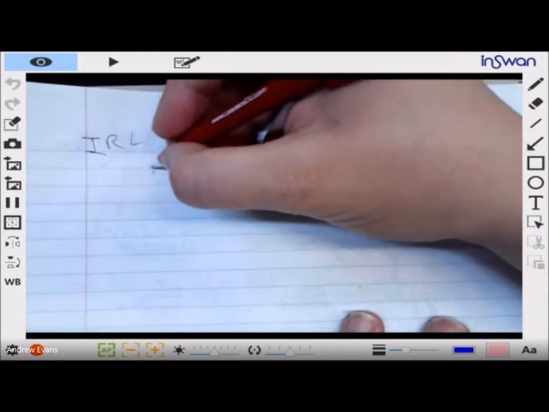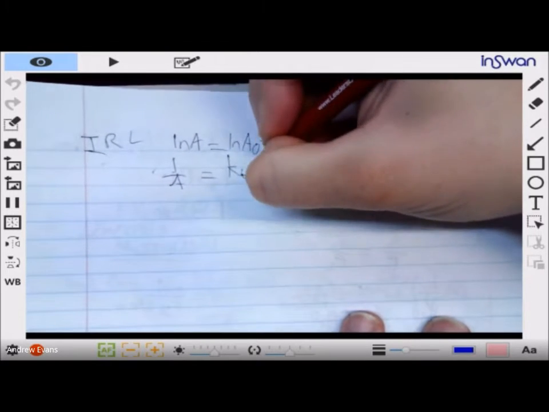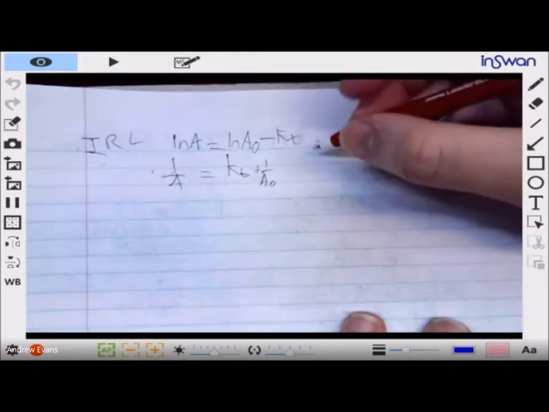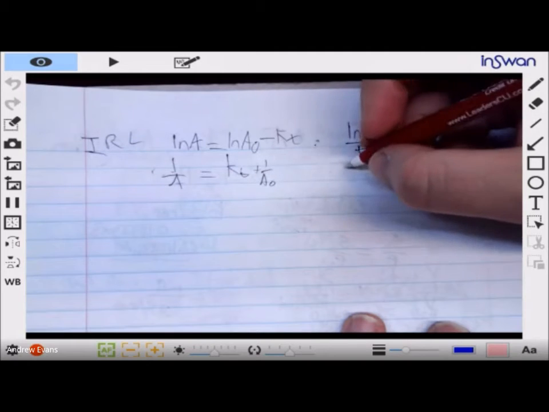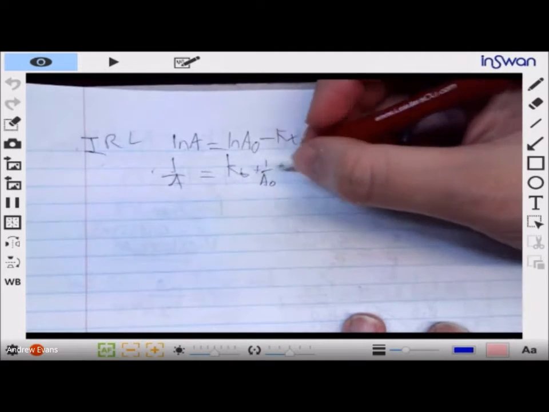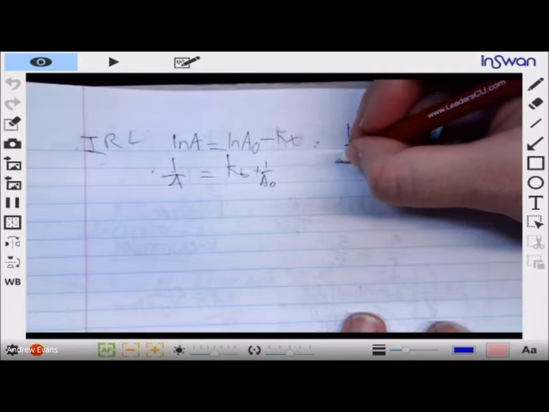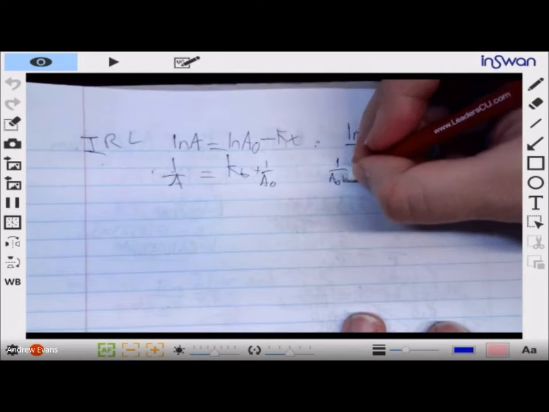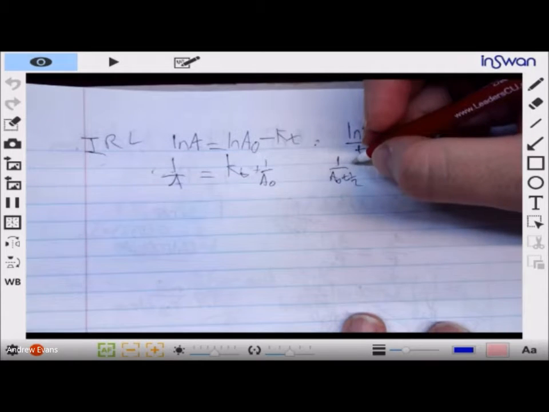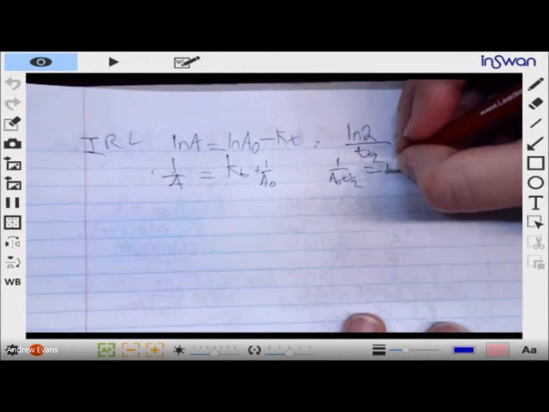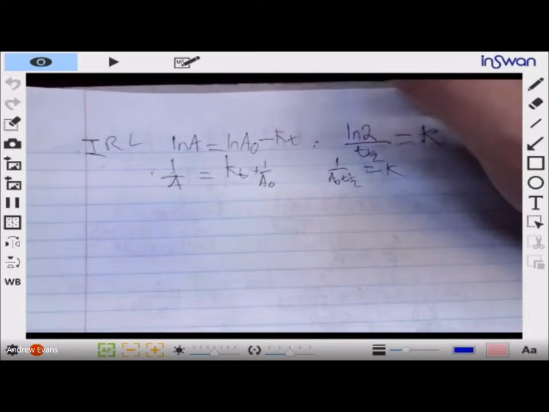The second order one is 1 over A equals kt plus 1 over A0, with the half-life being something like 1 over A0 k, something like that.